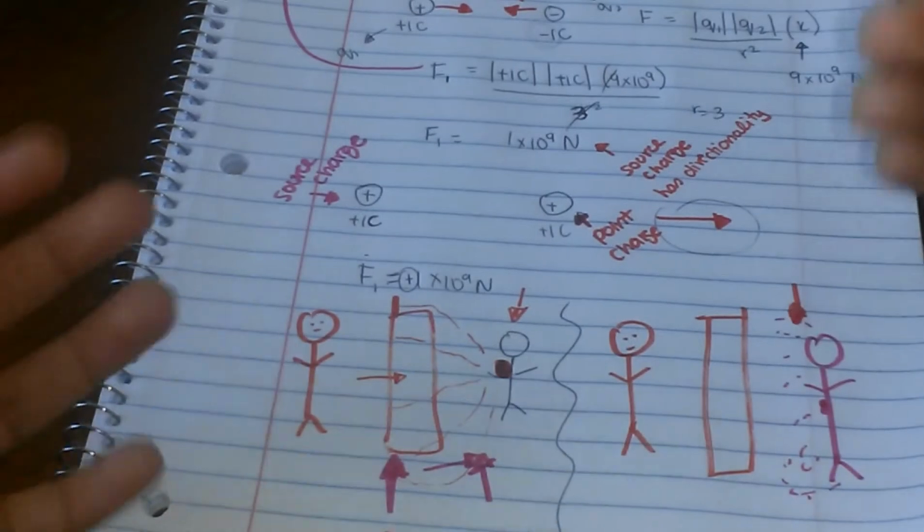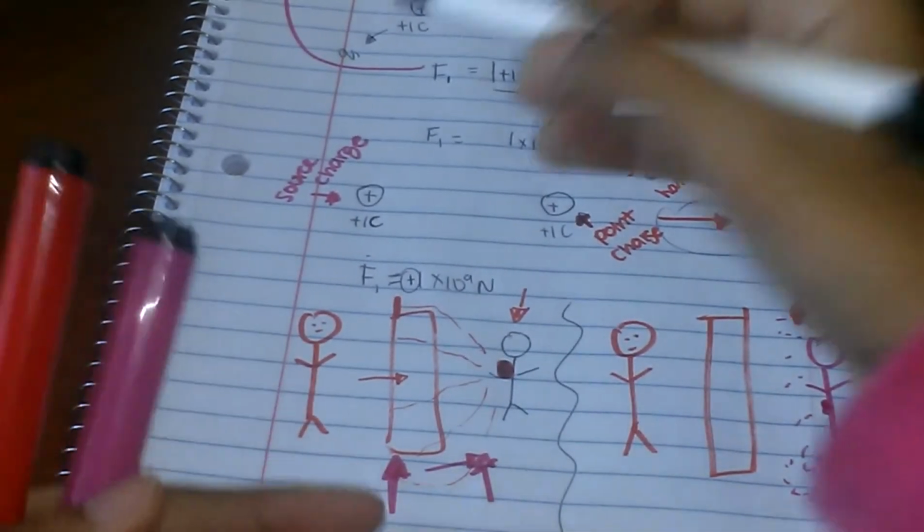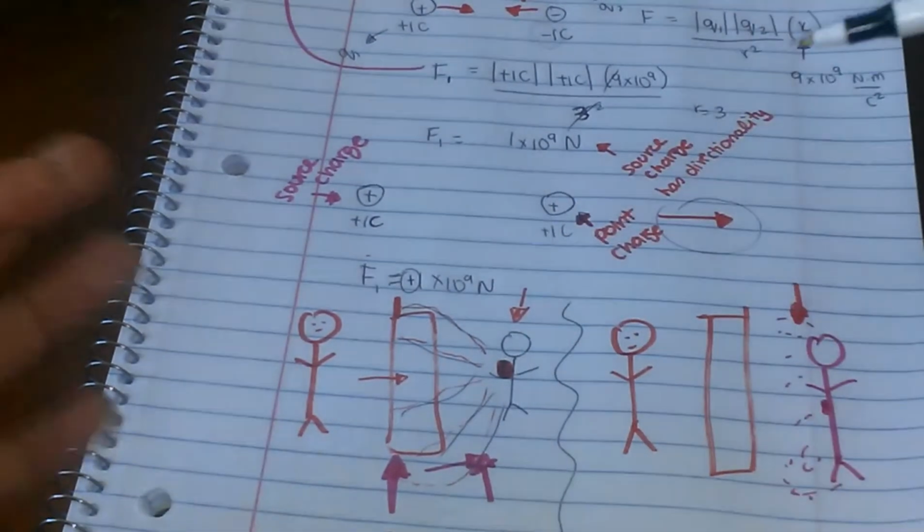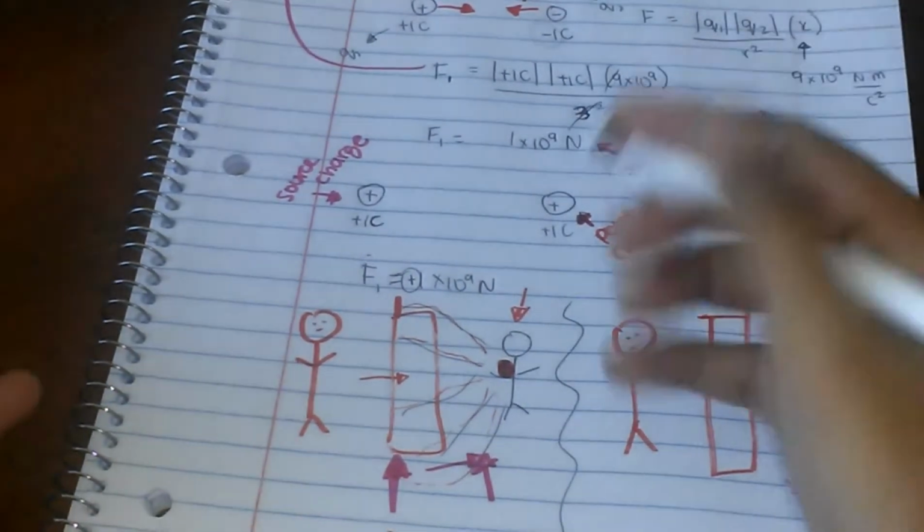So that's how you have to imagine the field lines, which are basically how strong one charge is.